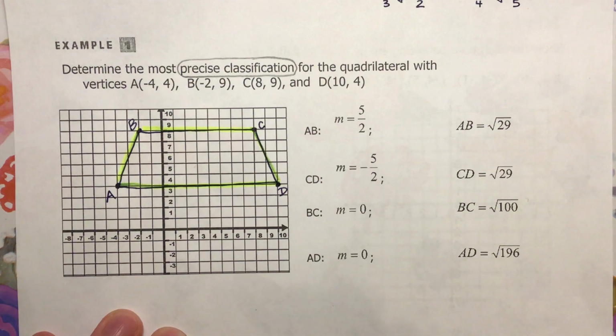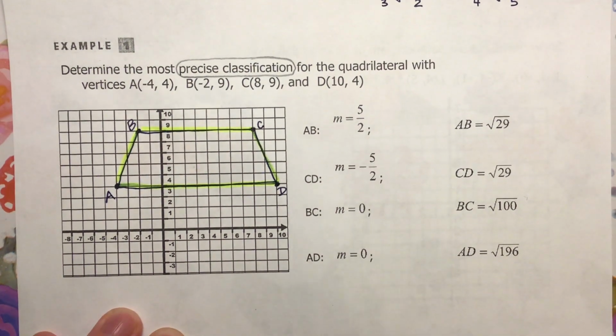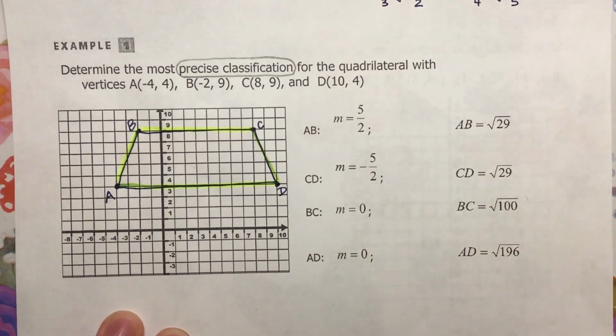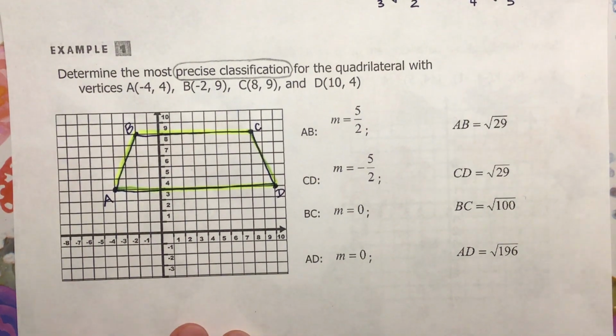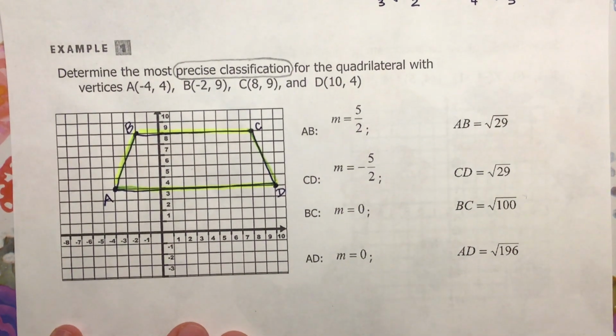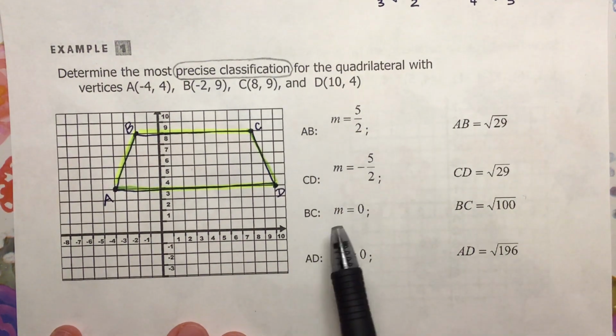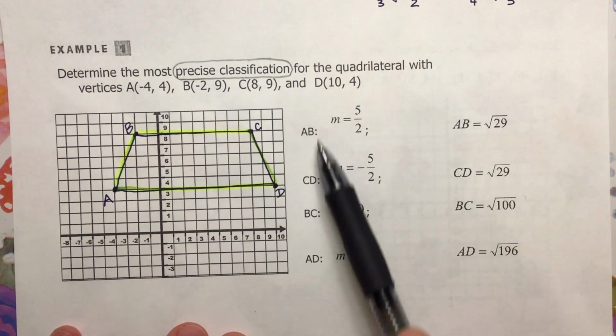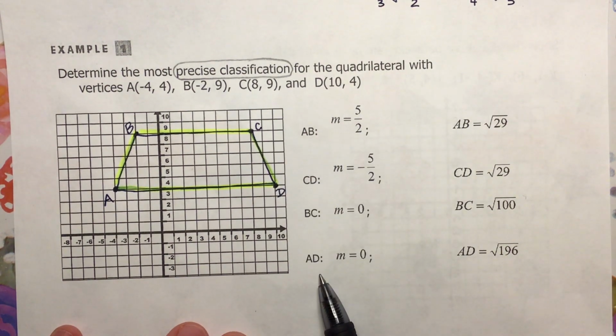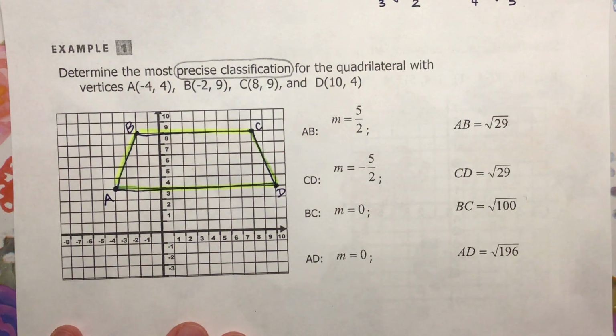Okay, so there's my shape. And it is giving us a lot of information. It has told us the slopes of 4 line segments, and it's also told us the length of 4 line segments. So let's just look at the slopes right now.